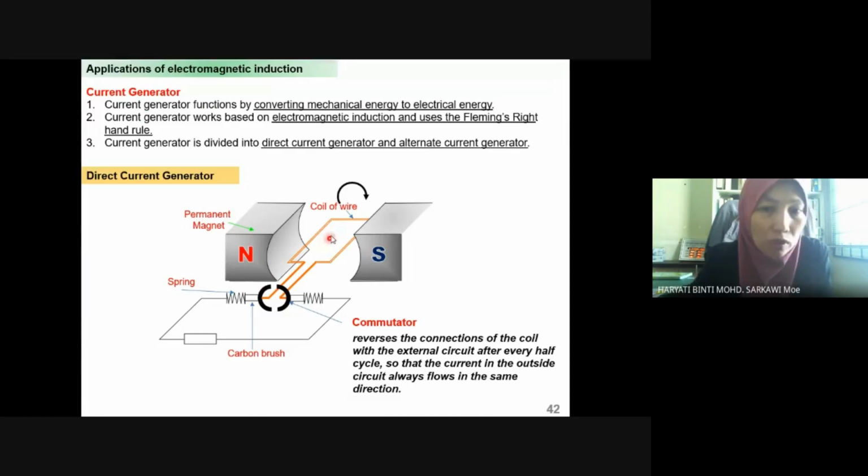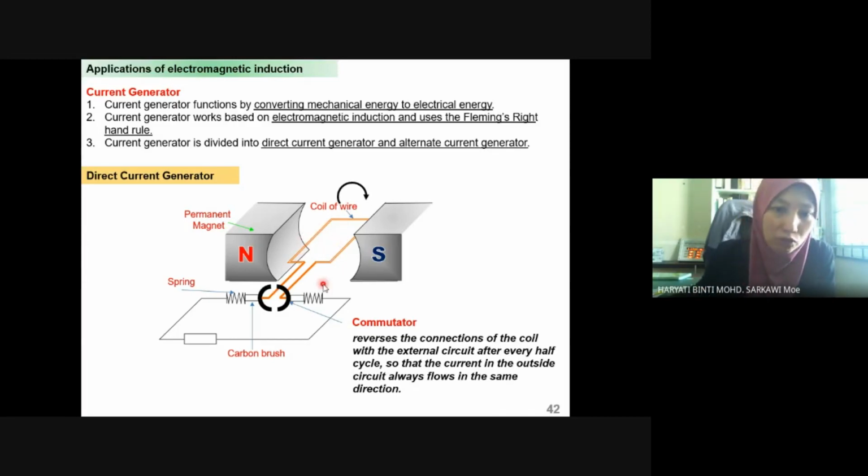In a real generator, whether you are talking about a wind turbine, the turbine turns. That turning is actually the force, your thumb if you use the right hand rule, and then it cuts the magnetic field lines.